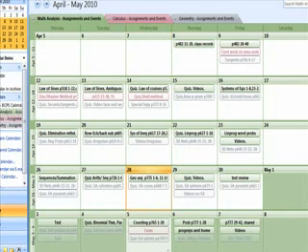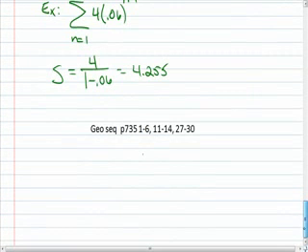Just throwing that out there. Any days that you miss, you can get it from the calendar. And so the test Monday goes from everything from the last test to this right here, geometric sequences, last thing on the test.